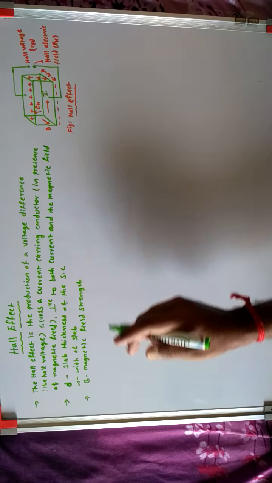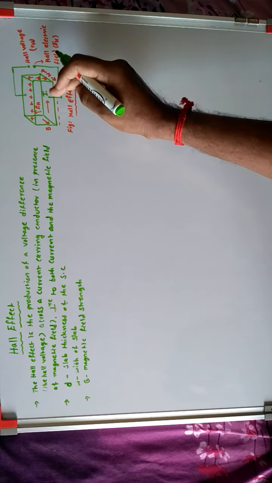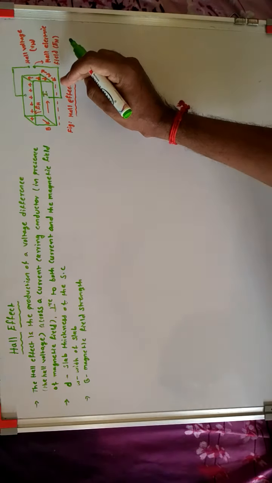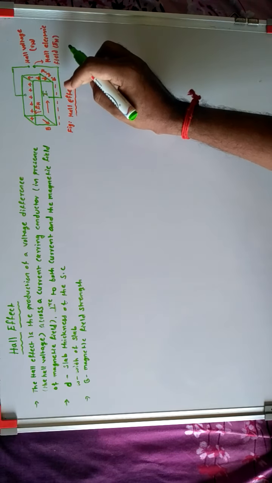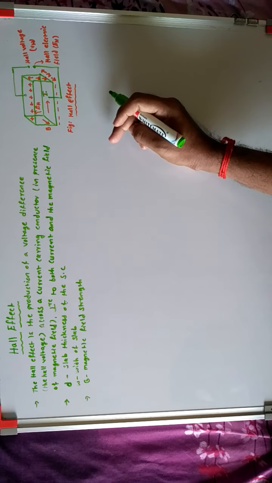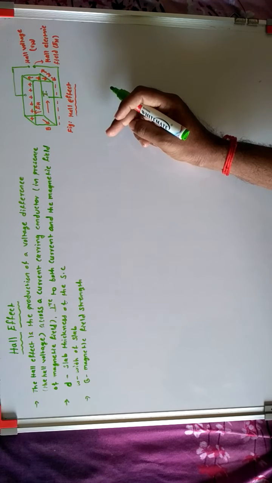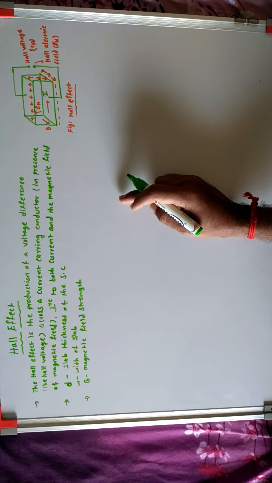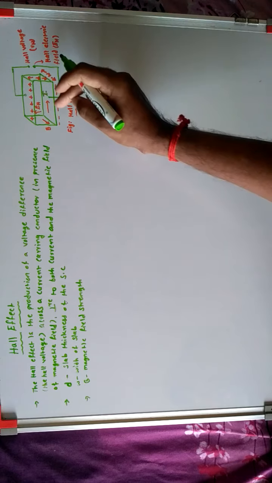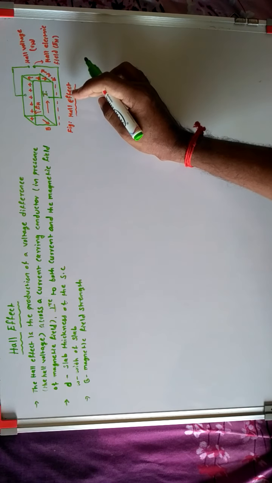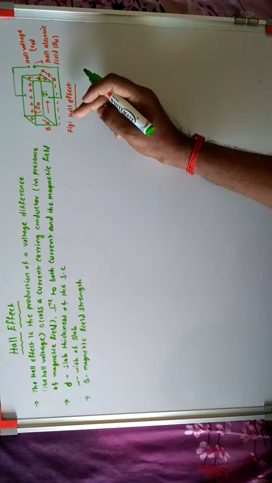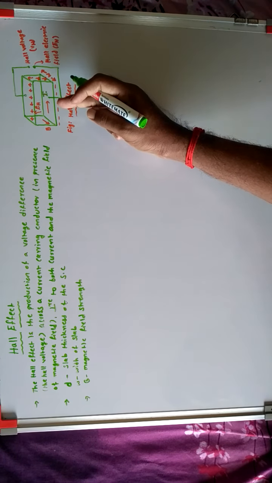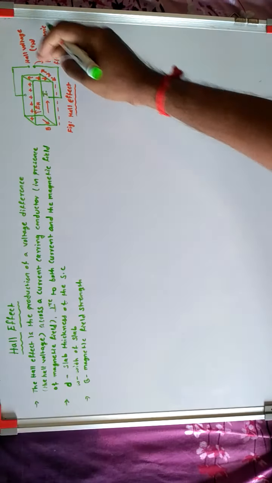As a result, the electrons are accumulated at the bottom surface of the semiconductor due to the magnetic lines of force in the y direction, and the negative charges build up at the bottom surface and corresponding positive charges on the upper surface of the semiconductor. The potential difference and electric field are established across the surface.